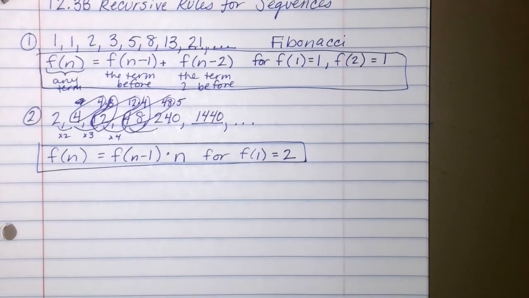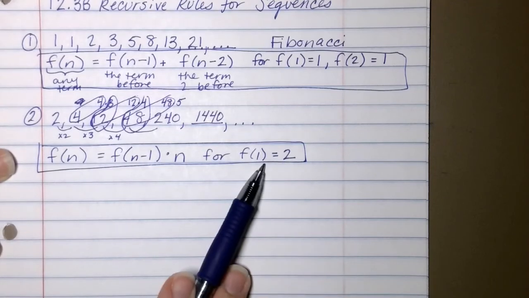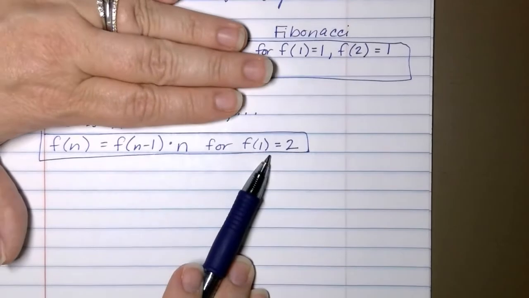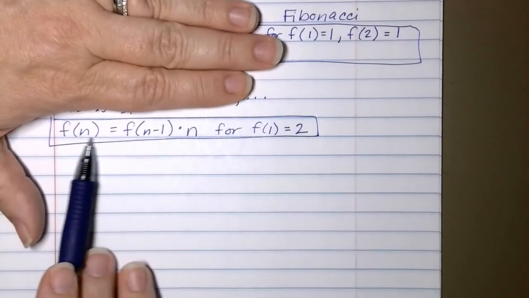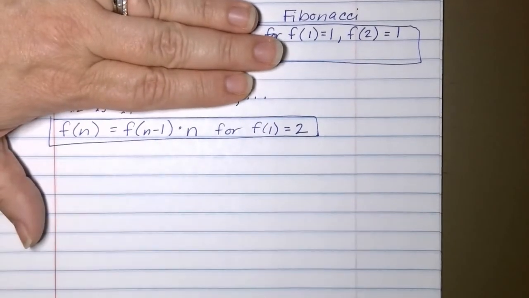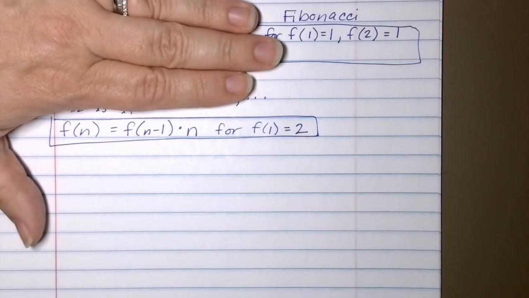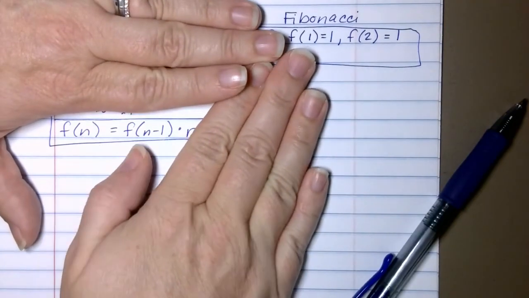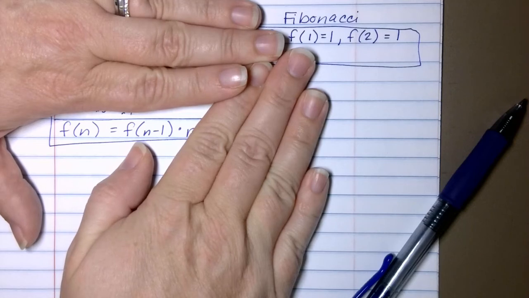Now, the reason why we have to include the first term is if I covered that up and I just gave you this and I said write down the first 4 terms. How do I write down the first term? If I didn't give you this, how do I write down the first term? Because to find the first term, I take the term before, wait, that doesn't make sense. What's the term before the first term? That doesn't make sense.